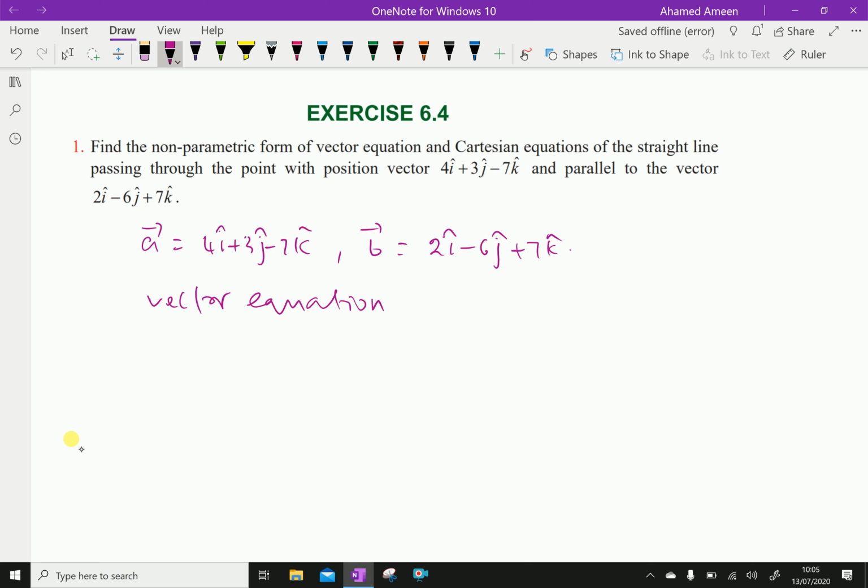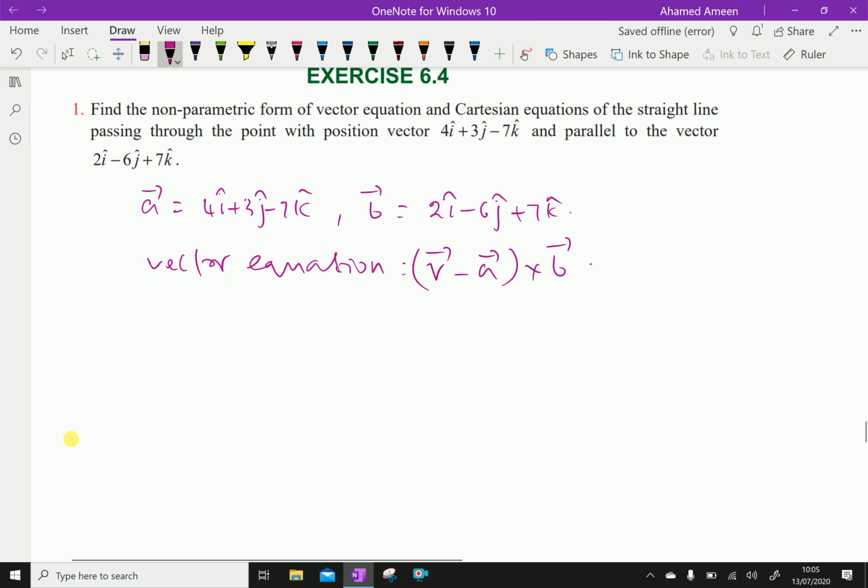Vector equation of the line is (r vector minus a) cross b vector.